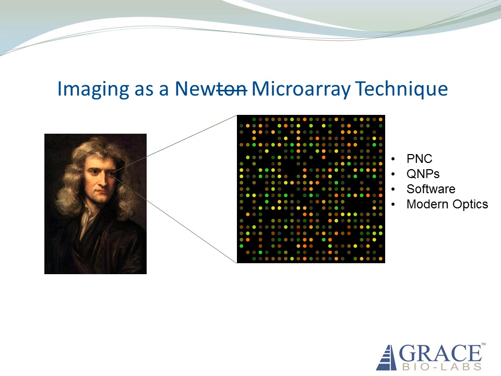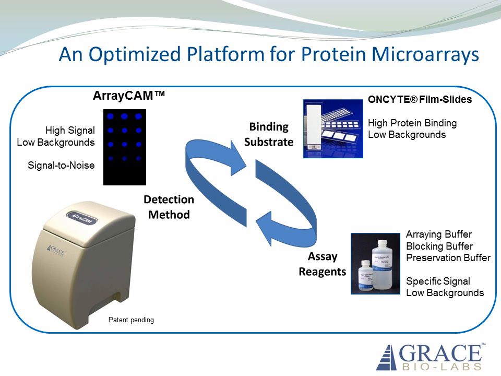We have determined that digital imaging can be made as sensitive to dilute protein antibody assays as digital scanning with organic fluorophores, provided certain design features are integrated into the imaging system. Earlier, we spoke about the virtues of using optimized spotting buffers and blocking buffers to take full advantage of PNC as an assay surface.